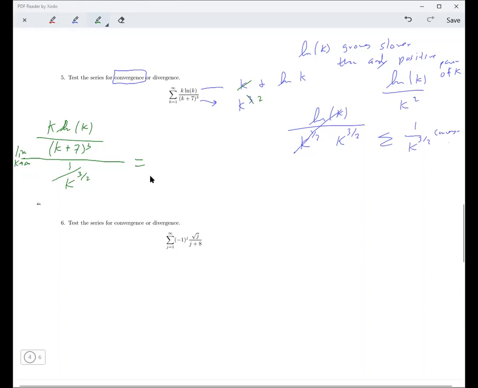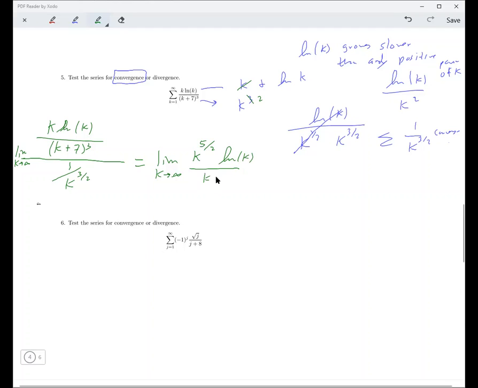Okay, so here we know that this series converges, right? This limit, dang, so that kicks the k to the 3/2 to the top, right? Okay, that's k to the 5/2.